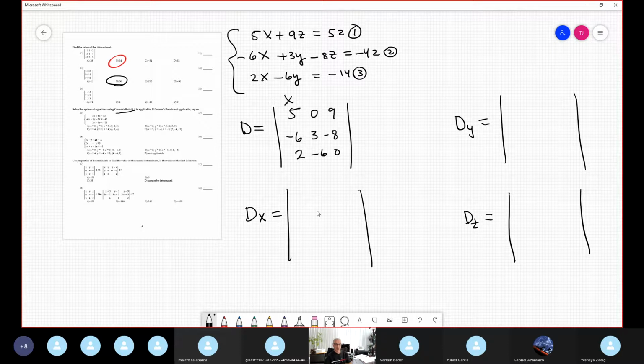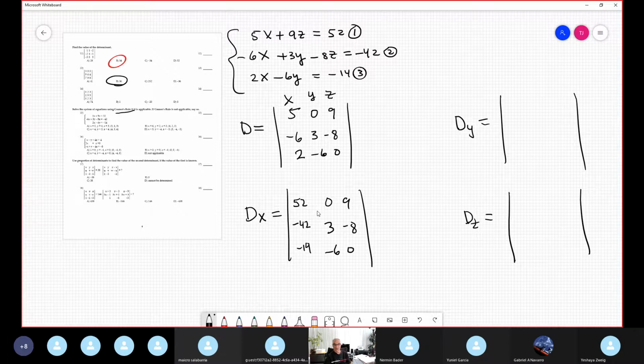This is the column of the x, this is the column for the y, this is the column for the z. So dx is you replace the column of the x by the right-hand side numbers, 52, negative 42 and negative 14. And the rest stay the same: 0, 9, 3, negative 8, negative 6, 0.